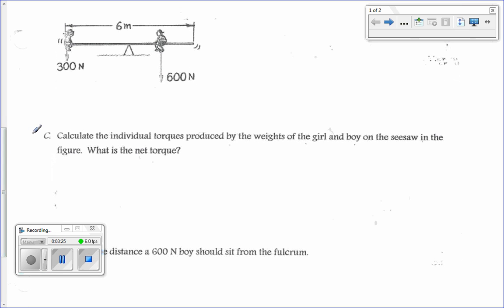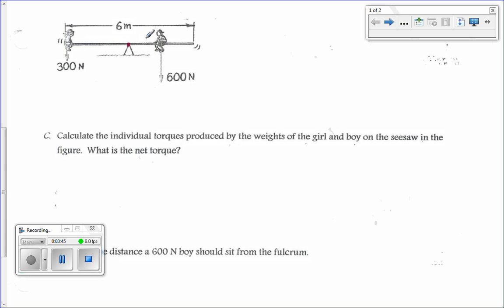All right, here we have a scenario with a seesaw. And the whole length of the seesaw is 6 meters. The fulcrum of the seesaw is right in the middle.